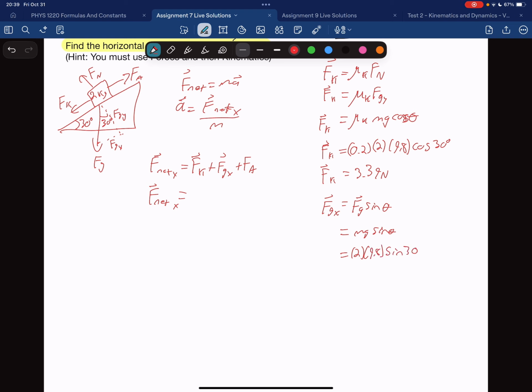The sine of 30 is actually 1/2, so the 1/2 and the 2 cancel out. So this is just going to be 9.8 newtons. So Fgx is 9.8 newtons. I'm going to add some directions here. These are both down the ramp.